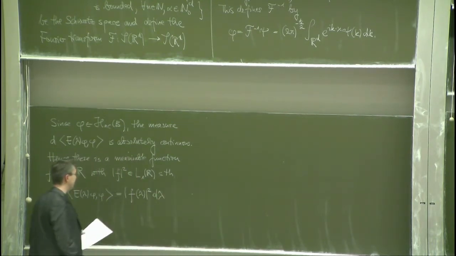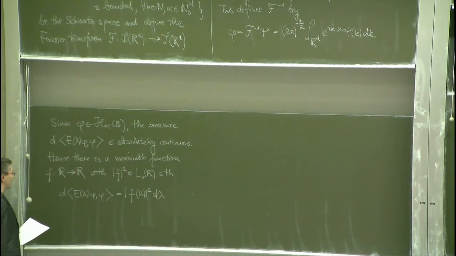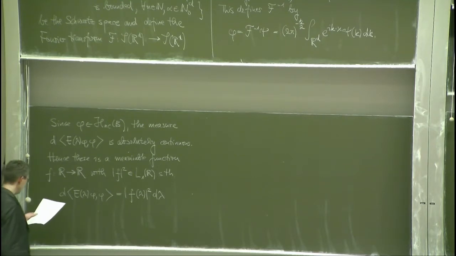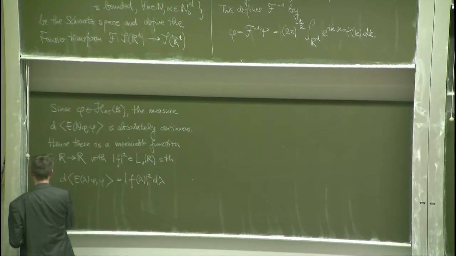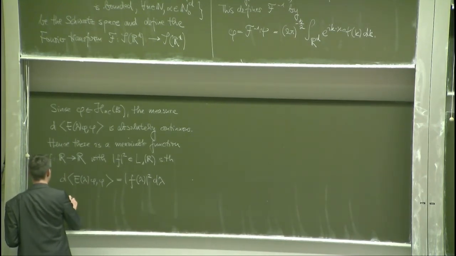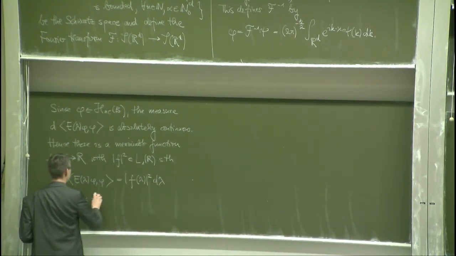So we can say that this is a density, where d lambda is the Lebesgue measure.